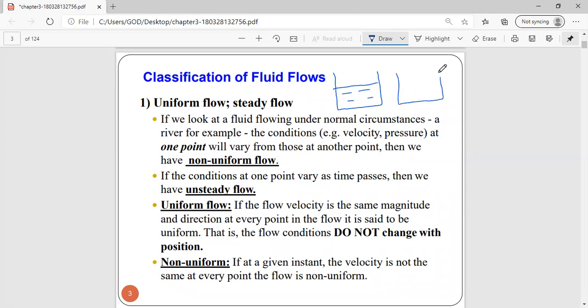Now I pour a spoon of surf inside the water, apply a small force, and swirl it. Then obviously the water will swirl about one axis, about one point. So the behavior of the fluid here and the behavior of the fluid there are completely different.